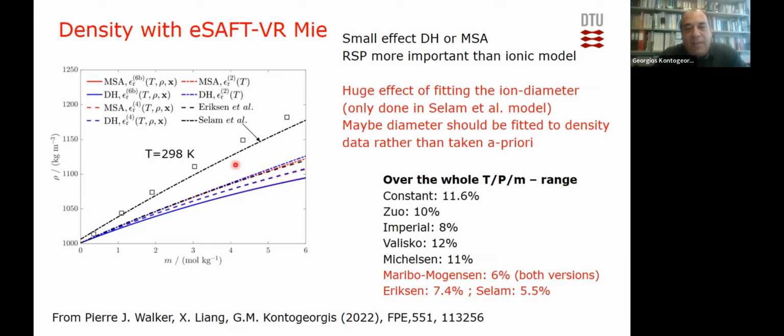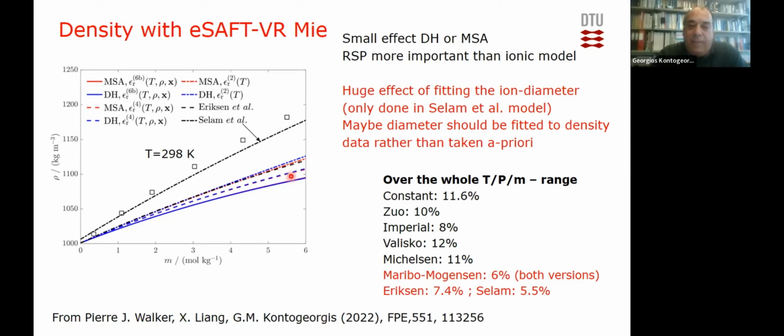And what you can see here is that, first of all, if you don't include density data into the parameter estimation, the results are not good. It doesn't really matter which ion-ion theory you use. The second conclusion is that MSA or Debye-Hückel, the two ion-ion theories, perform equally well, or at least similarly.